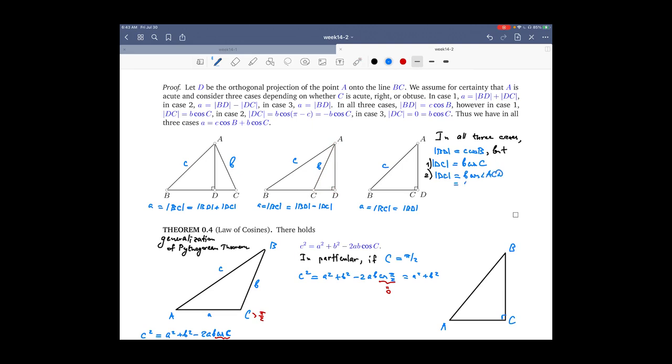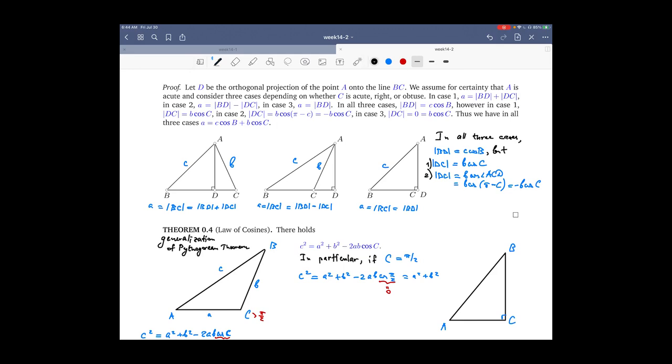But ACD is clearly pi minus angle BCA, right? ACD is pi minus BCD, but BCD is simply C. And we know that cosine of pi minus C equals negative cosine C.